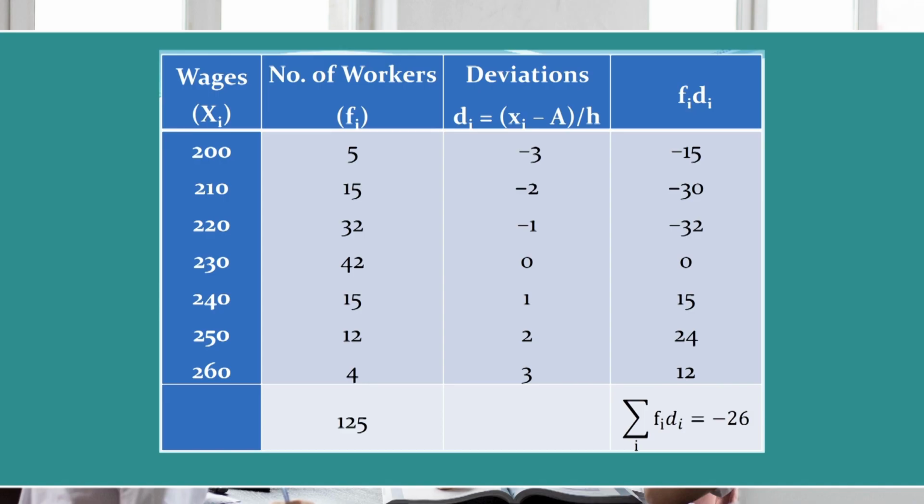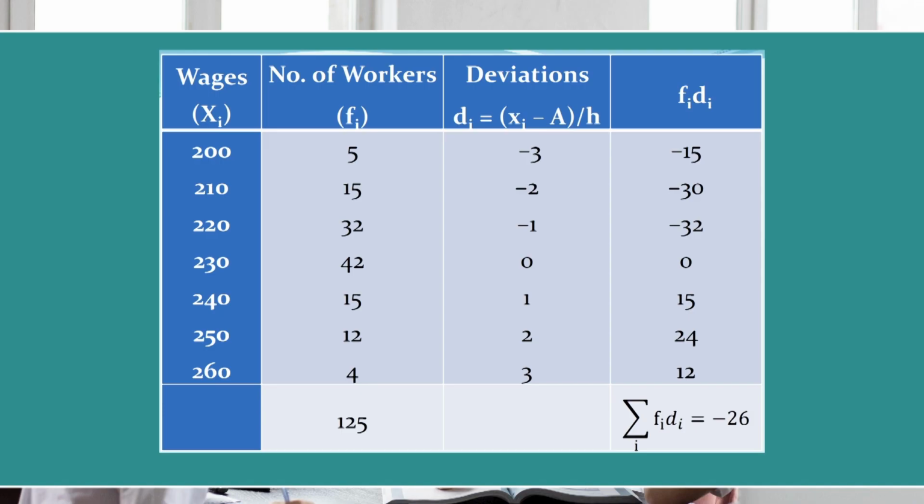Now, in the third column, we calculate the deviations of xi with respect to A. Out of these 7 wage values, 230 has been chosen as the assumed mean, capital A. Deviations are calculated in the third column by taking the difference of the xi value with respect to A and dividing by h.